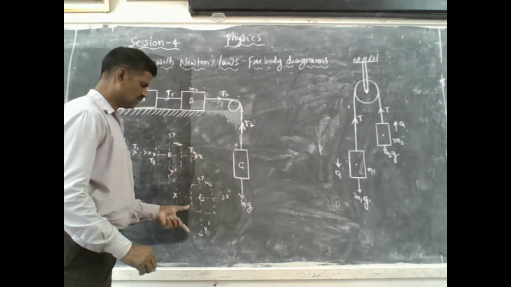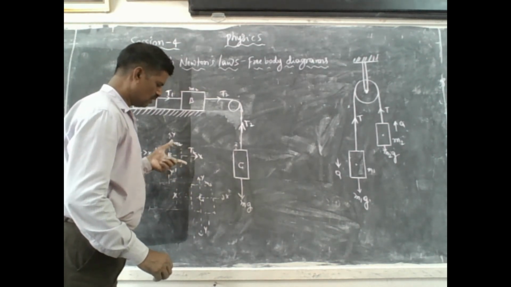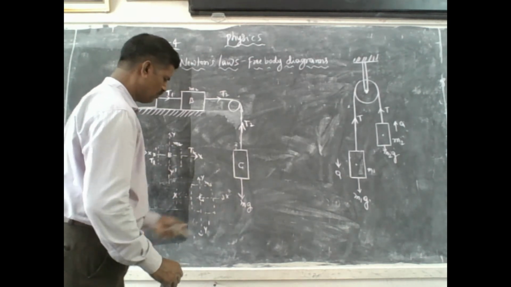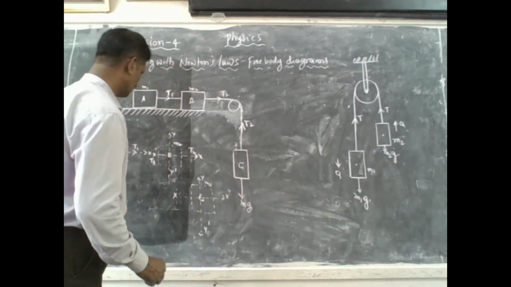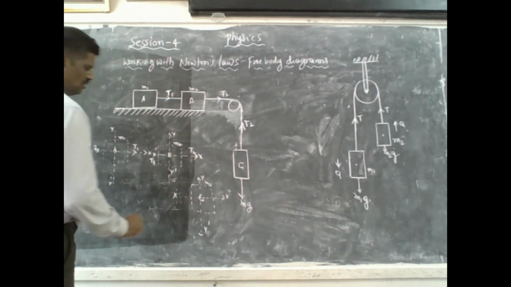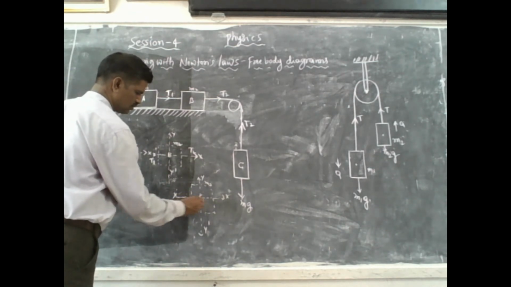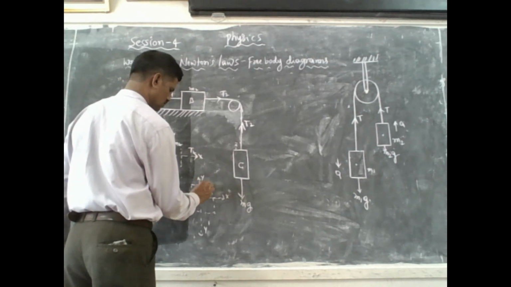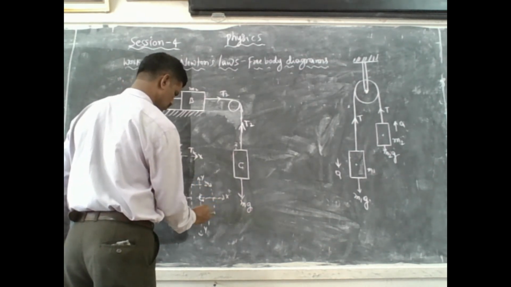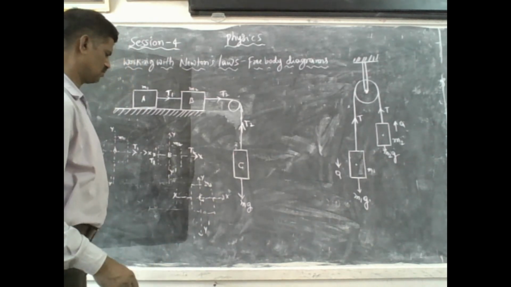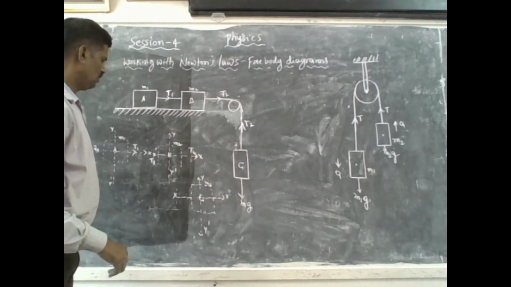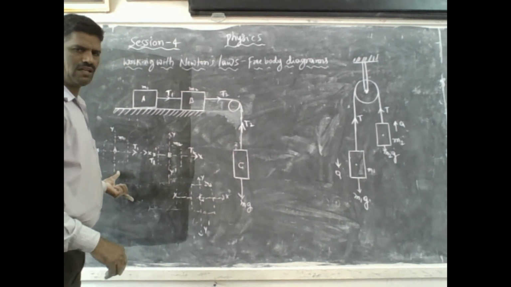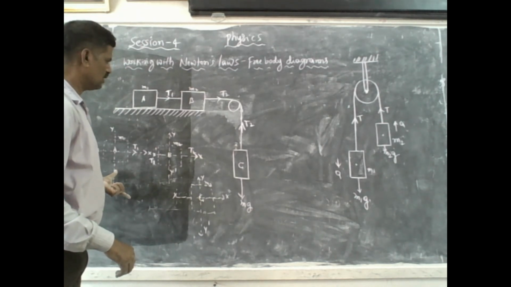Therefore the weight is towards downward direction. Therefore M3G, isn't it? M3G. So these are the examples for free body diagrams, isn't it?